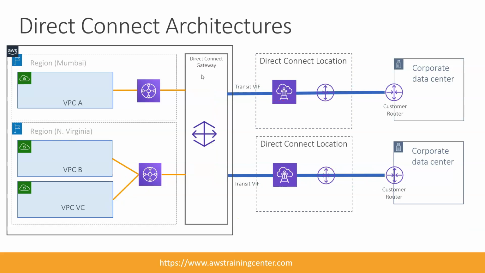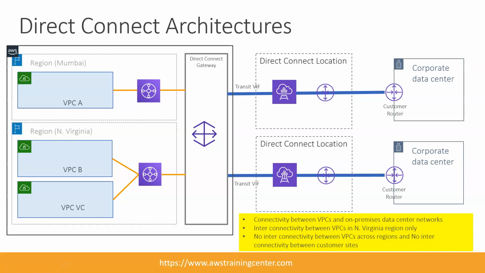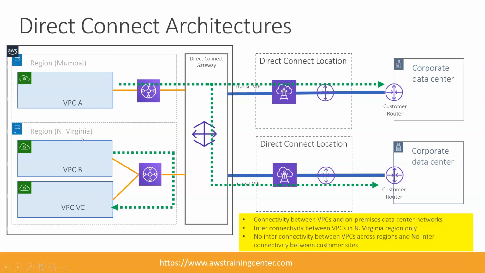So let's try to replace the private VIF with the transit VIF. Similar architecture, but now you're connecting your DX gateway to the transit gateways, and you have provisioned two transit gateways in two different regions because you know that transit gateways are regional routers. Now in this case, again, you have the connectivity between VPCs and on-premise data centers like the previous architecture. And additionally, you can see that the VPCs inside a particular region can communicate with each other.